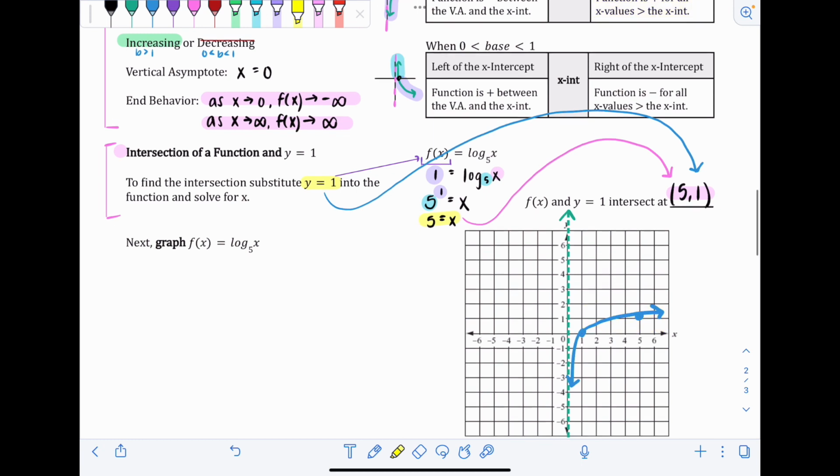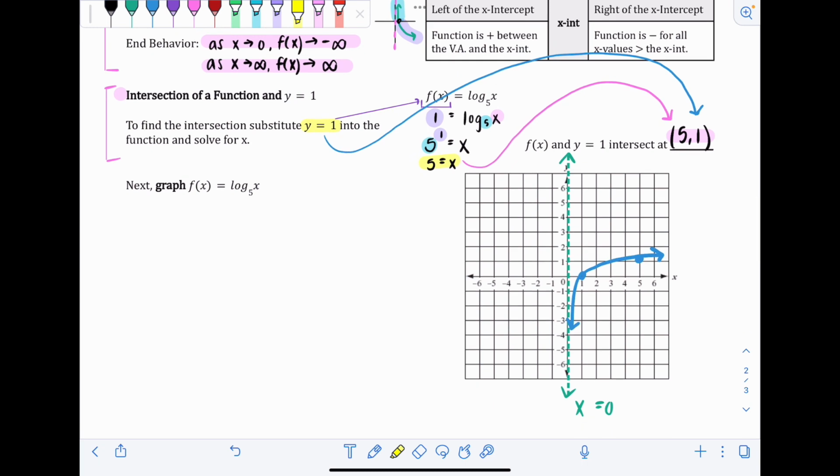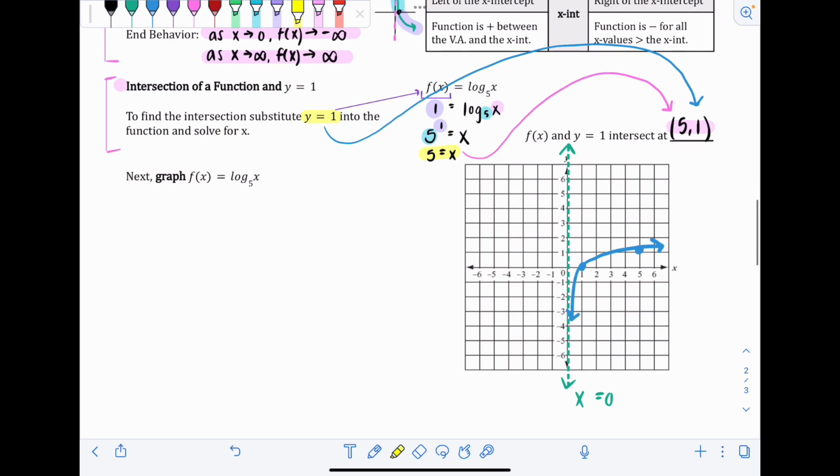Okay, so I want to show you a quick little way that you could find these 2 points without going through this whole process. If our function is f of x equals log base 5 of x, we can organize it in a table, basically the same work that we did, but work it backwards.